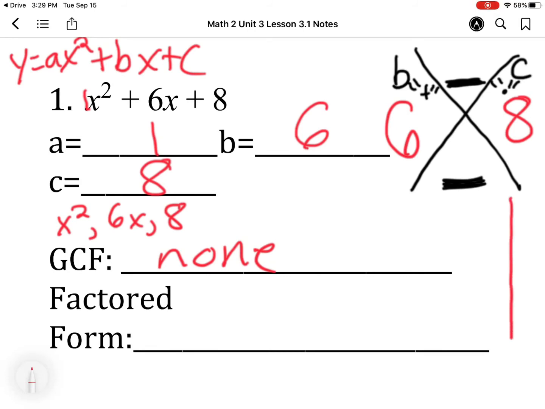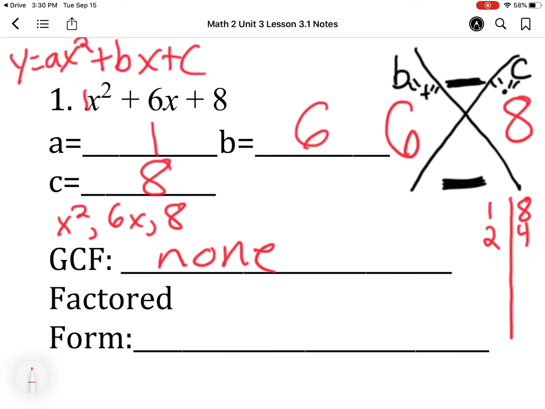So the first one we can try is 1. So 1 times what is 8? 8. Next smallest number to go into 8 evenly is 2. 2 times what is 8? 4. And then once you get to the next number that can go into 8 evenly, it would be 4, and it continues back up the other side of the table.